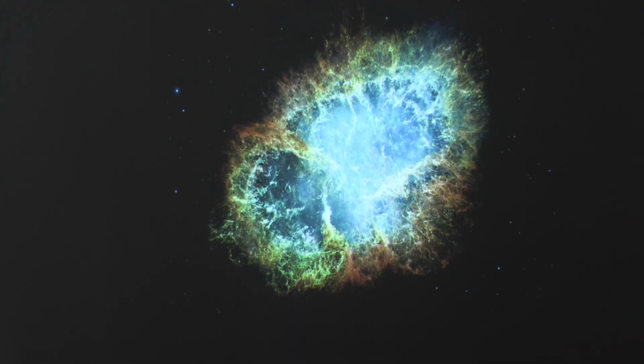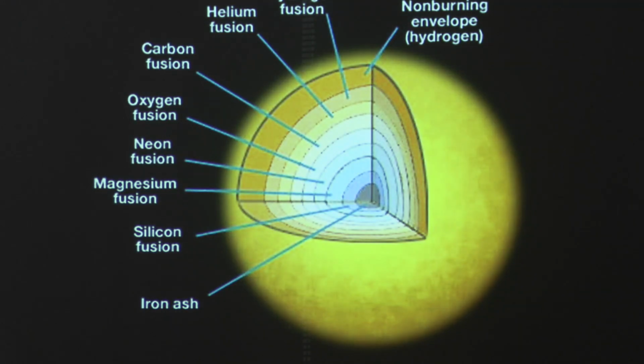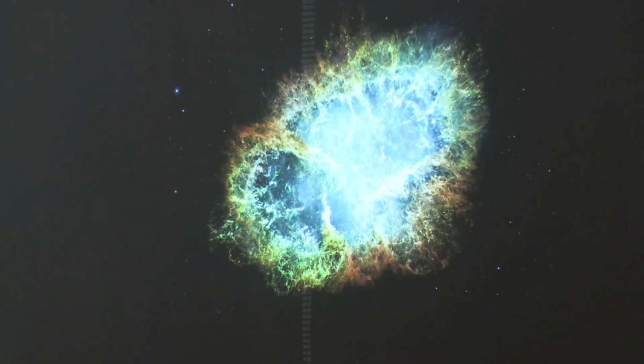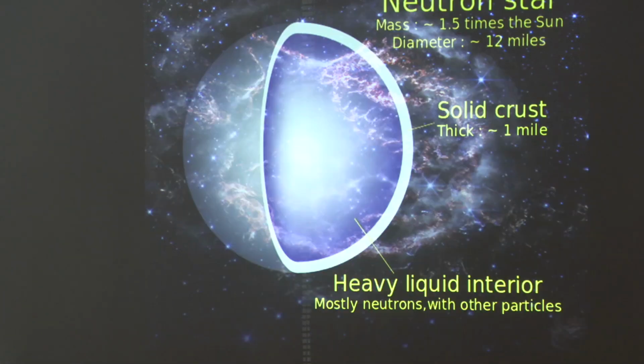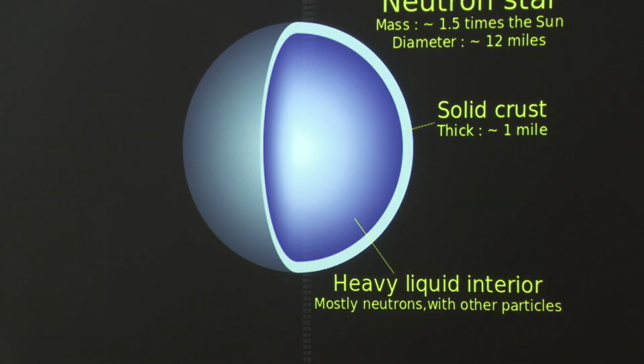And inside the center of this is the remaining core, which is a neutron star. A couple other supernovas here. Another one there, just the remnants of the star. And what's left is this core, a neutron star.